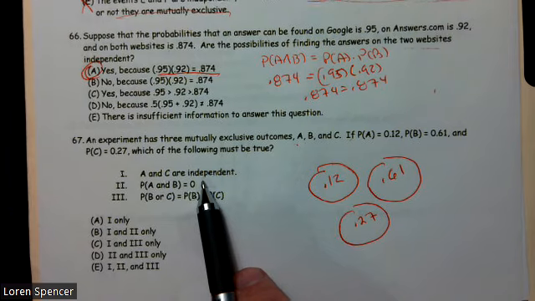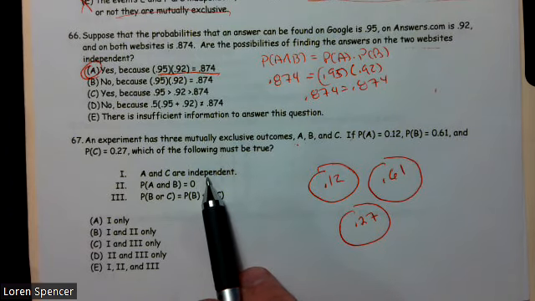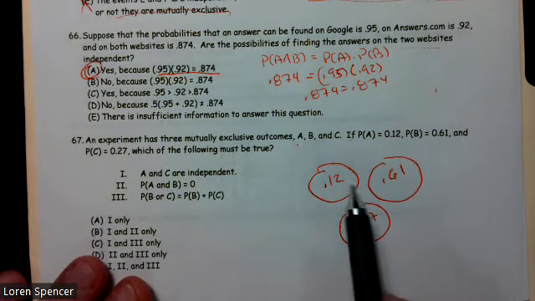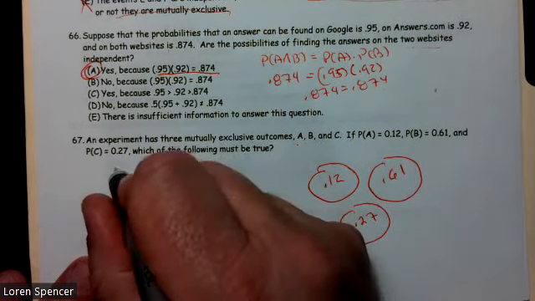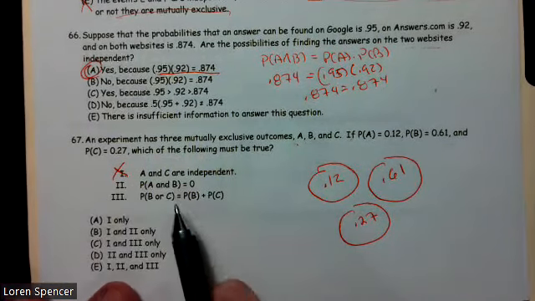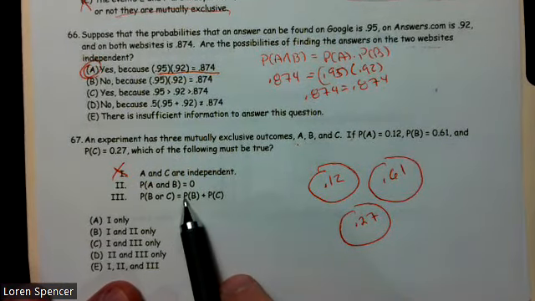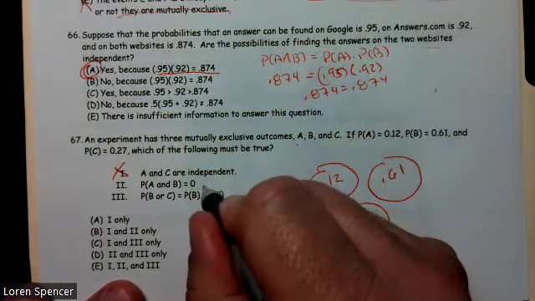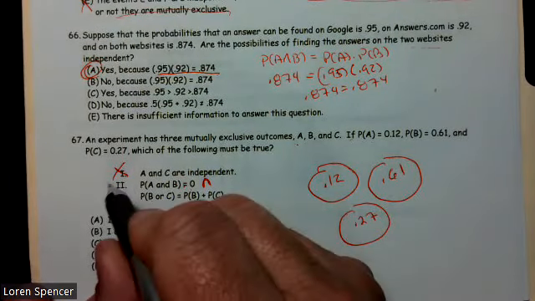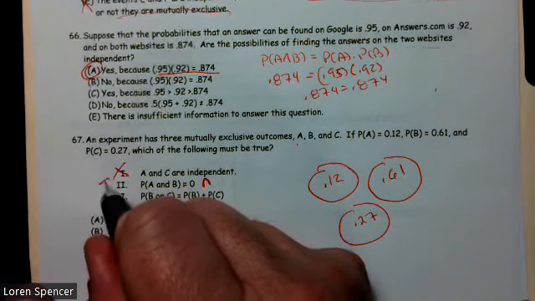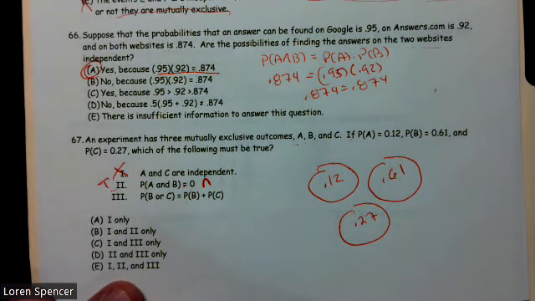Well, to be independent, there has to be some overlap. Well, there's no overlap on any of these, so they're not independent. The probability of A and B equals 0, well, that's the probability of the intersection. Well, there is no intersection, so that does equal 0, so that's true. So 2 is true.